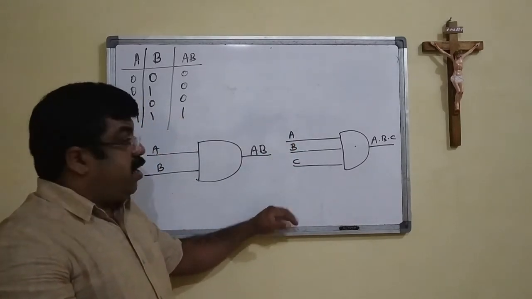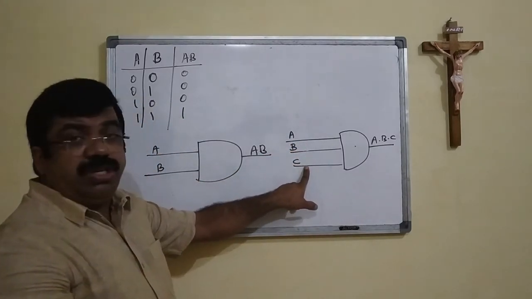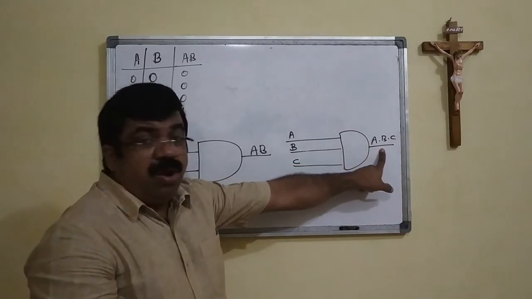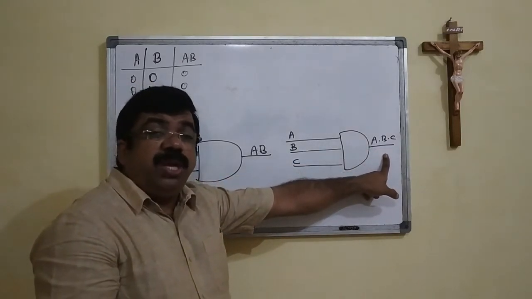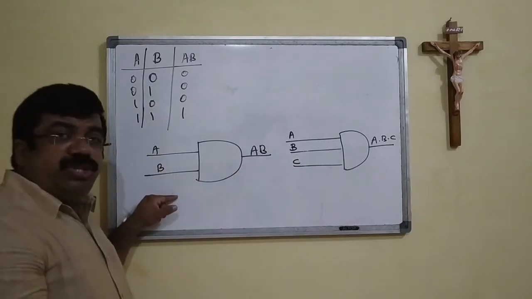The same thing is given here. With more than one input, we get only one output. That is A into B into C, the product. Here two inputs are there.